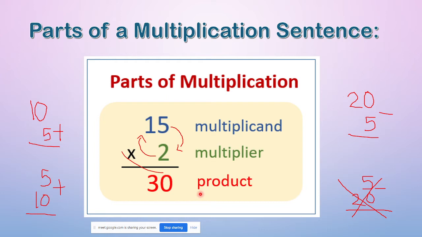And the answer in multiplication is called product. And don't forget that you always have the symbol for multiplication and also the equal sign. When you have vertical multiplication like this, this is the equal sign. But usually when you have horizontal, the equal sign looks like two horizontal lines.